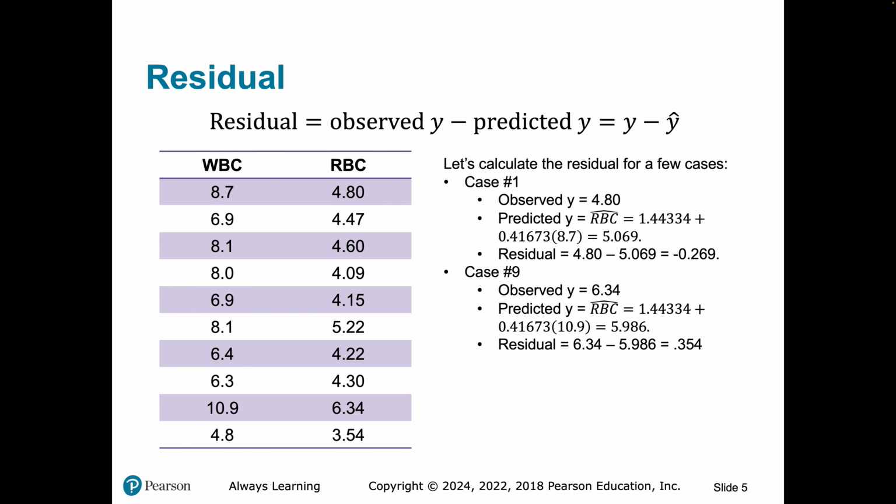So I think this will make a little bit more sense if we dive into an example. So let's circle back to this white blood count, red blood count, and we've created our model. So let's calculate the residual for a couple of cases. So case number 1, right here, this person has a white blood count of 8.7. They have a red blood count of 4.8. So my observed y is the y I get in my data set, 4.8.